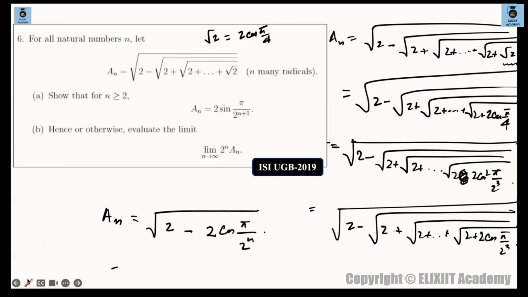If you simplify from here, then for n terms we will be having 2 common, what will it become? 1 minus cos of pi upon 2 raised to the power of n, and 1 minus cos theta is 2 sin square theta by 2.